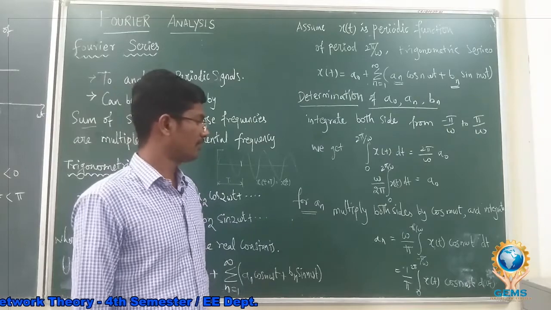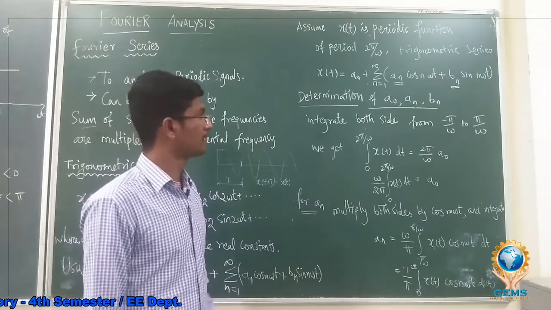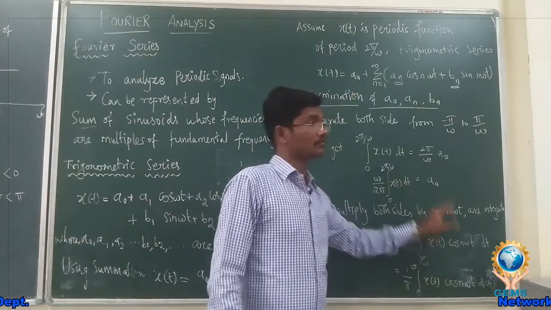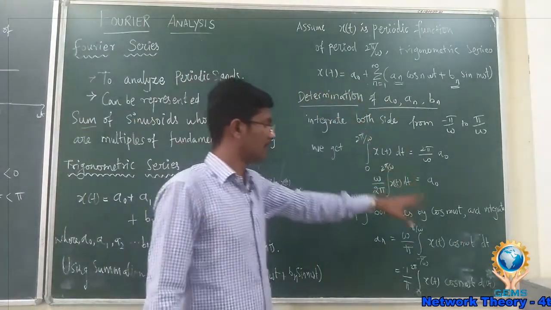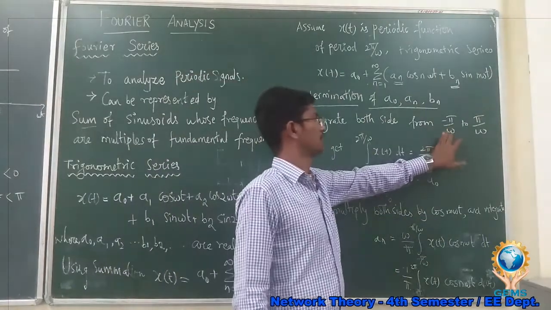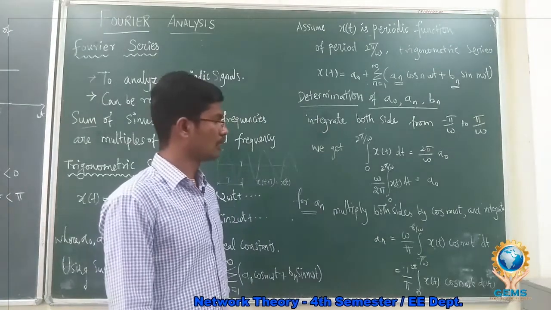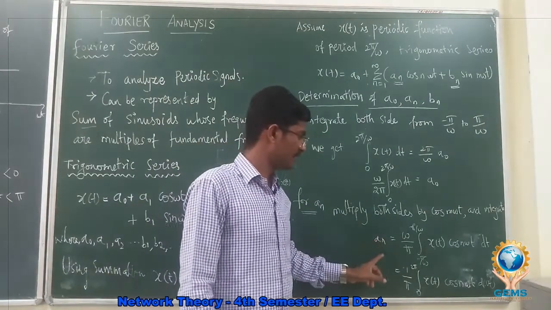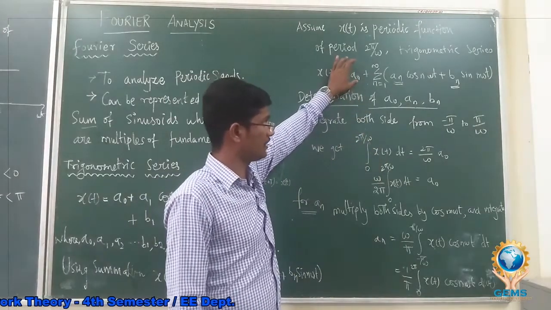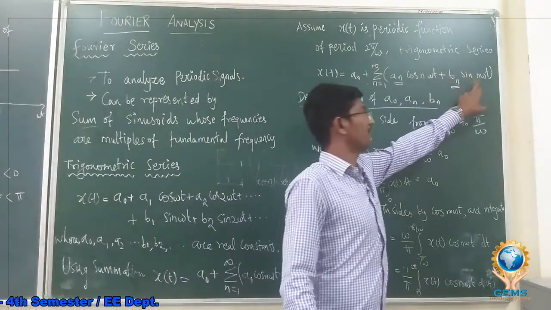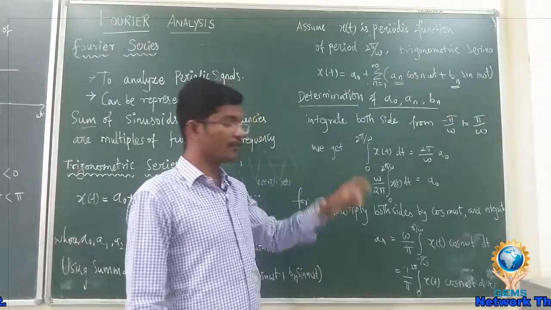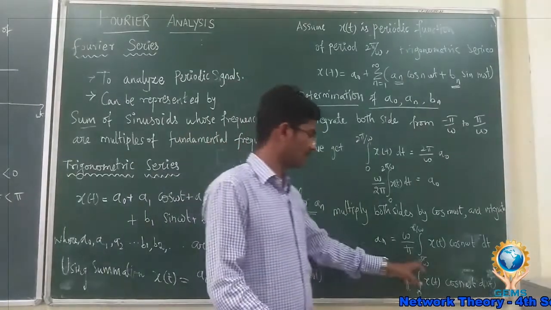Next we are going to find out the an constant. For this, what do we have to do? We have to multiply both sides of this equation by cos m omega t, then integrate with the same limits, minus pi by omega to pi by omega. If you integrate, what will happen? The a0 term after multiplying by cos m omega t, and the last bn term, bn sin n omega t into cos m omega t, those terms will become 0 after we integrate and apply the limits.